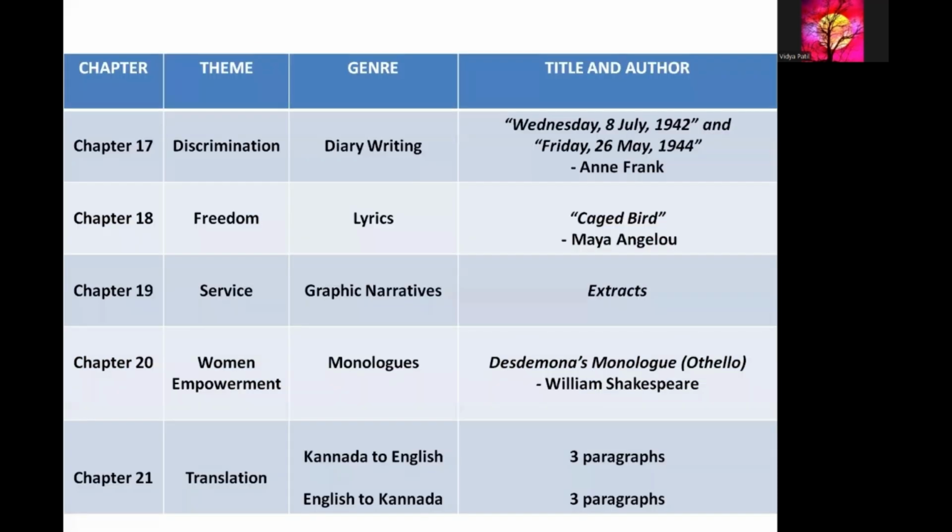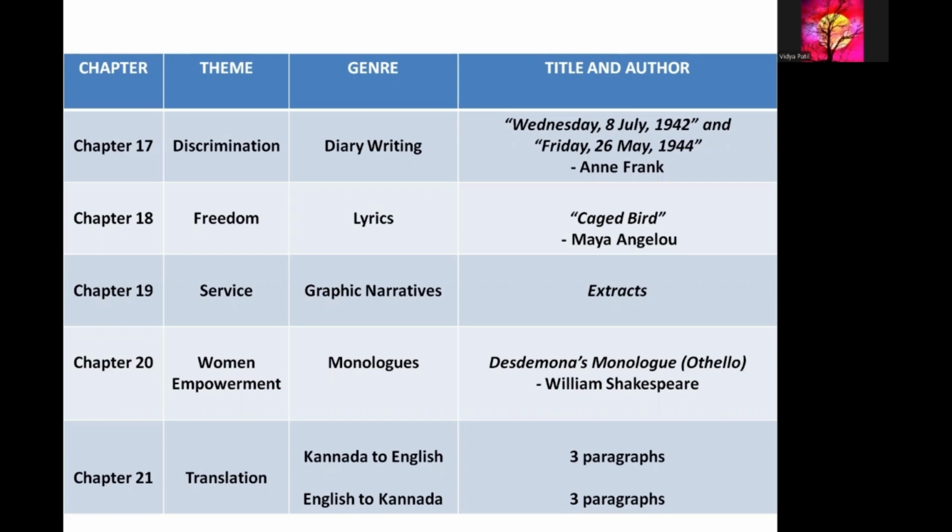The next chapter is based on diary writing, and we need to study a few diary entries from the world famous diary of a young girl written by Anne Frank, who wrote about the German Holocaust.